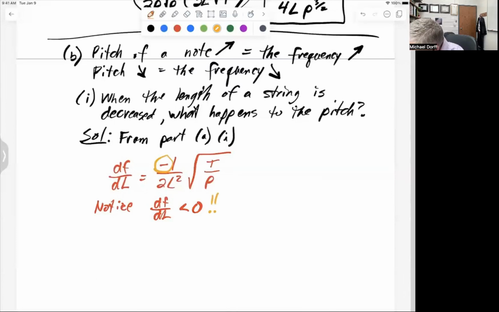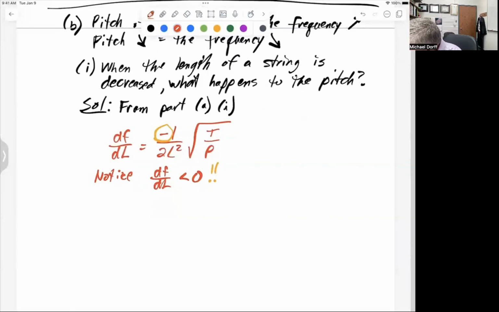All right, so what does that mean? Because it's negative, if I look at the graph of it, now let me draw that in black here. I draw the graph of it, and this is my length here, and this is my frequency. It's going to be going down somehow because the derivative is negative, so the slopes of the tangent lines are negative, so the graph is going down like that.